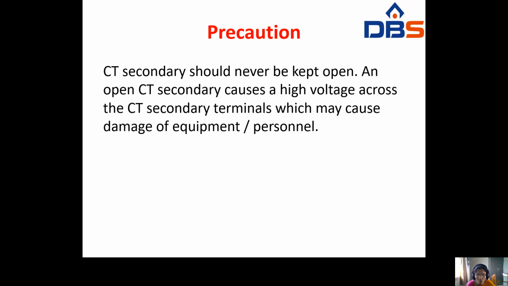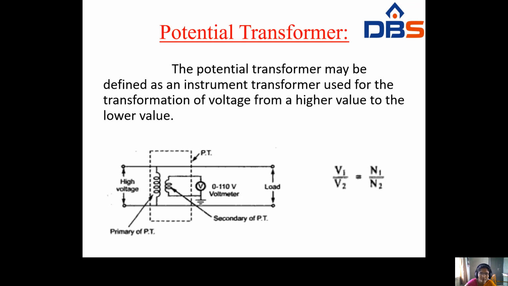To prevent these errors, you must never open the secondary side of the current transformer, because an open CT secondary causes high voltage across the CT secondary terminals, which may damage the equipment.